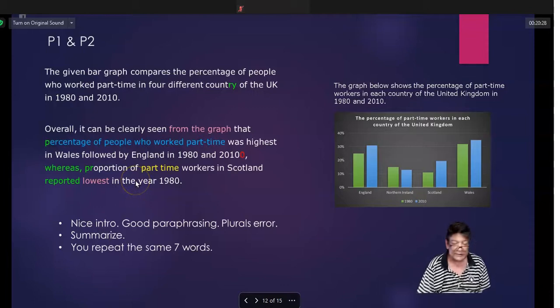And we've talked about this a little bit already, that the overview just kind of goes for the highest and the lowest. Overall, it can be clearly seen that, why do we need from the graph? The number one thing that they ask you to do in this task is to summarize. And summarize means to describe the most important information in as few words as possible.